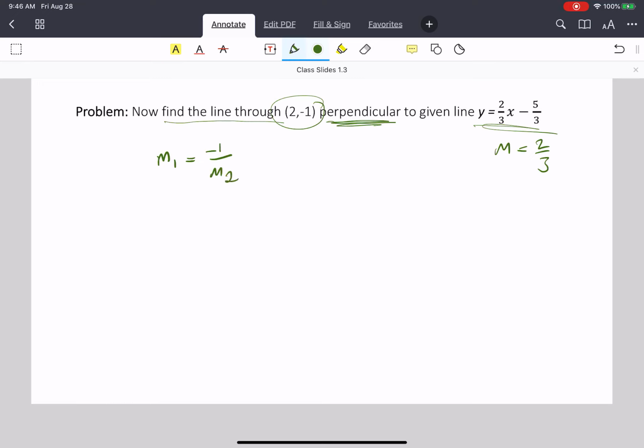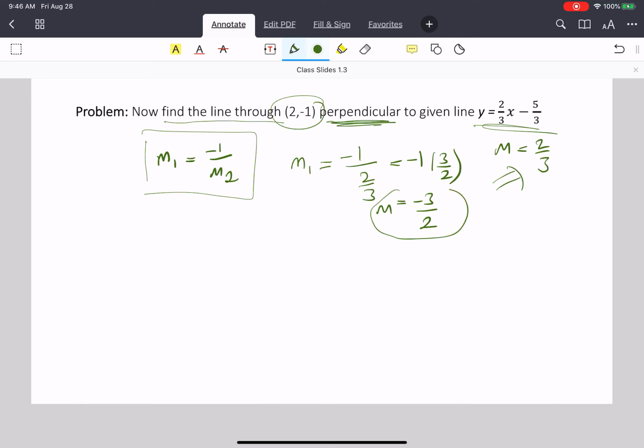If this line has 2/3, then the slope of the other one, m1, must be negative 1 over m2, which is negative 1 over 2/3. Converting that, negative 1 times 3 over 2, so the slope of the line we're looking for is negative 3 over 2.